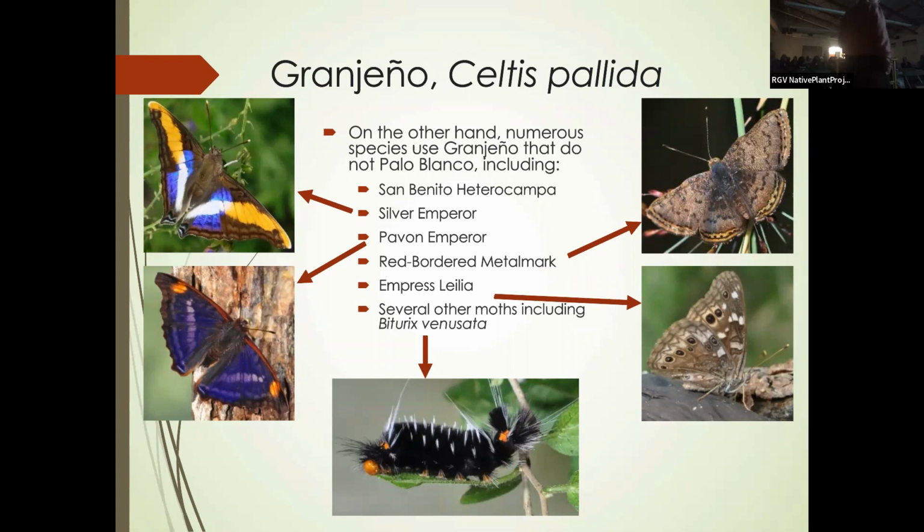So I think that it's a tiger moth, Turix venisata. I think it's pretty much limited to that area. There are a number of caterpillars that are, or moths. So all of these are feeding on Granjeño and not on Palo Blanco. So however closely related they are, they're obviously reasonably closely related.